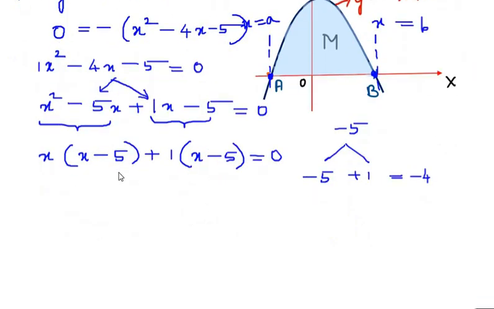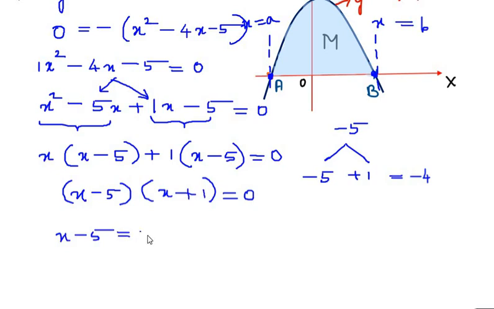Now from these two terms we have x minus 5 common, so we can write x minus 5 in one bracket and x plus 1 in another bracket. Let us equate the factors to 0: x minus 5 equal to 0 and x plus 1 equal to 0. Here x becomes equal to 5, and here x becomes equal to minus 1 by shifting the plus 1 to the other side.